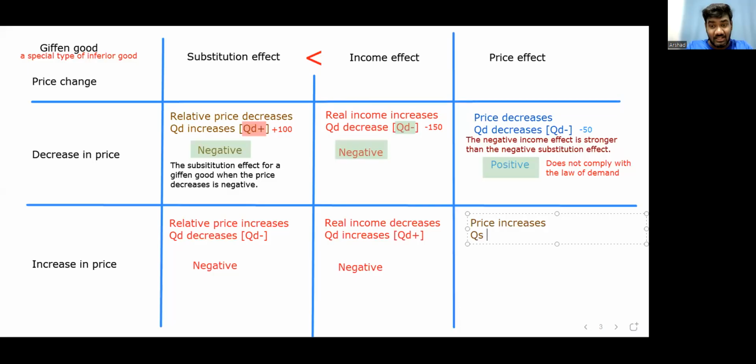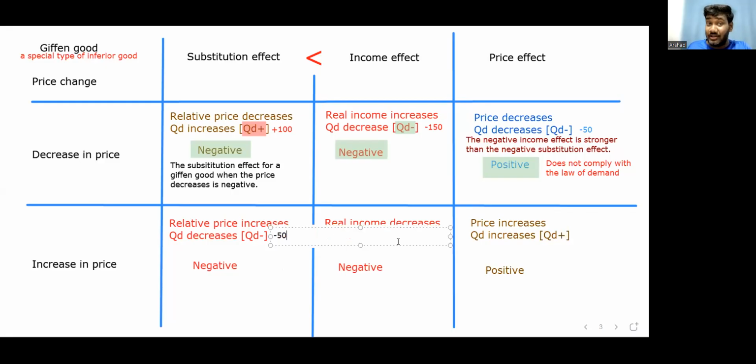Then if you look at the price effect, when the price increases, what happens? QD also increases. There is a positive relationship. Why? If I give you some numbers, according to the substitution effect QD will fall, maybe by 50.